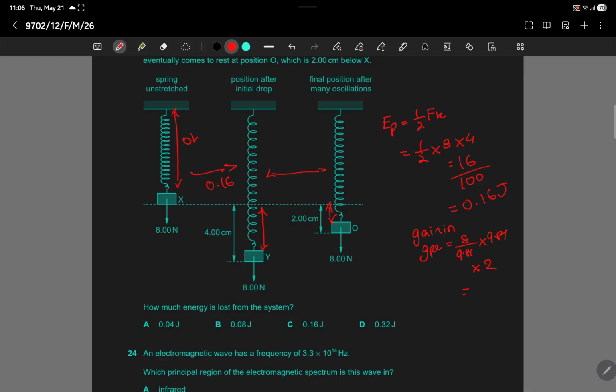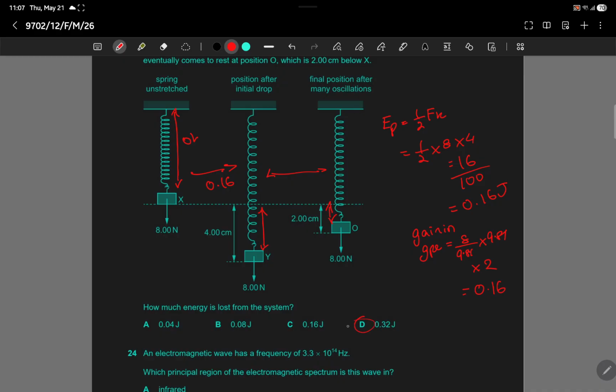Divide by 100, into 2. This comes out to be 0.16 as well.